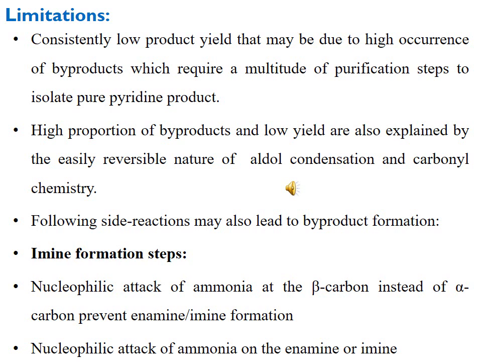Here are some limitations of this reaction. First is the low yield, and this low yield is because of a number of byproducts which we have to remove to get the final main pyridine product in purified form. So due to a large number of purification steps, we get the percentage yield of the final product too low.